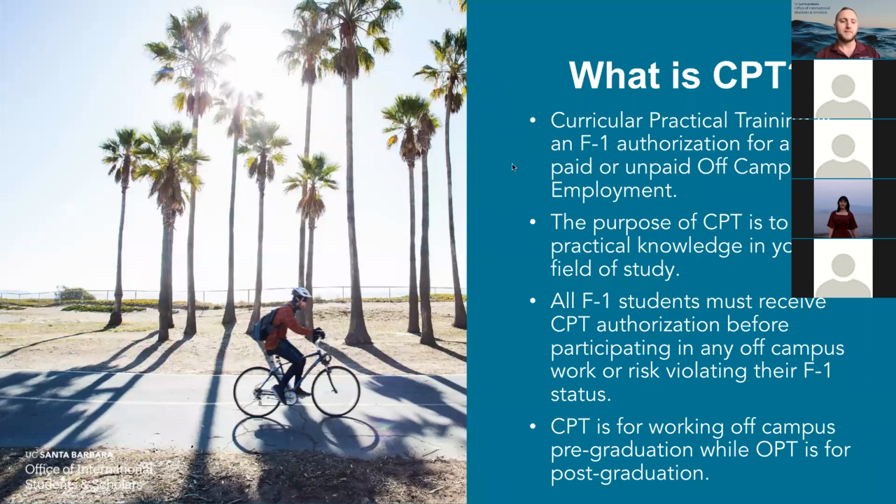So basically, if you're working on campus at UCSB, you can work any position. You don't necessarily have to worry about getting an authorization, but for anything else off campus, make sure you're getting the correct authorizations and you're following the CPT and OPT regulations. CPT is for working off campus pre-graduation and OPT is for after graduation.